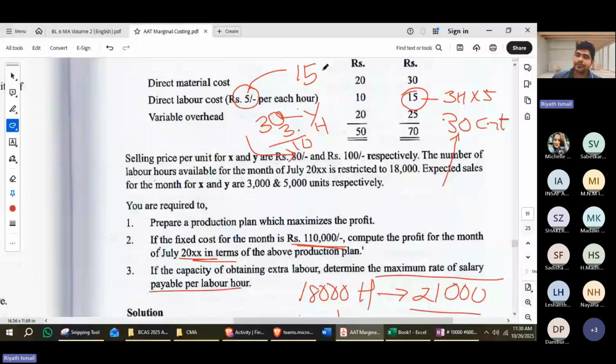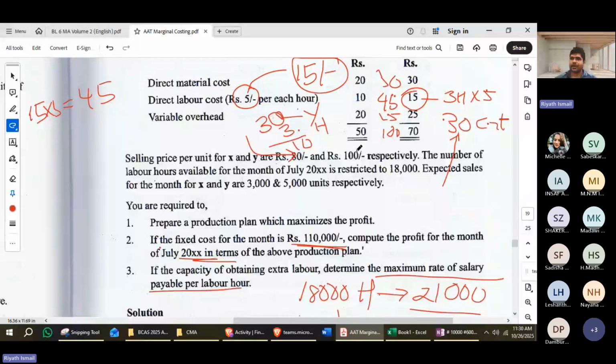If you pay 15 rupees per hour, how much does it cost? 15 rupees times 3 is 45. So labor cost becomes 45, the other cost is 25, and the variable cost becomes 100.